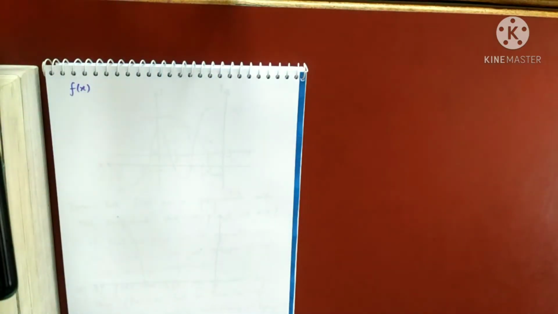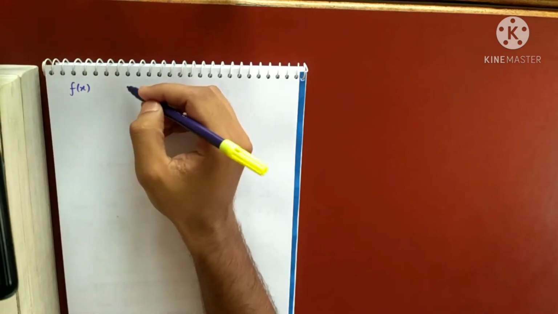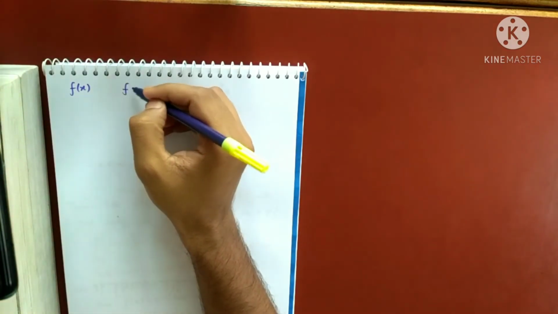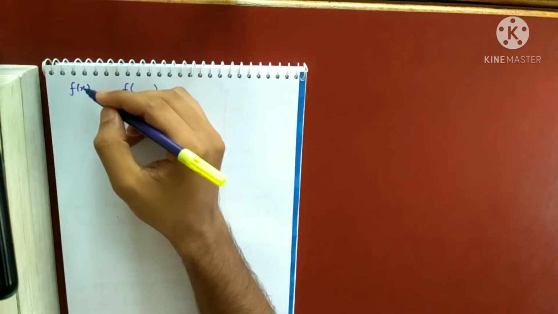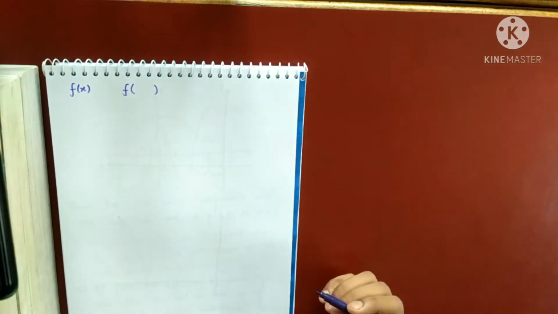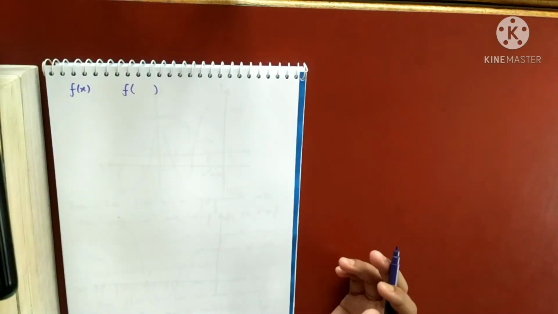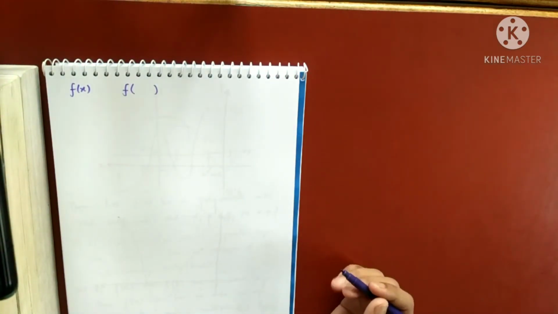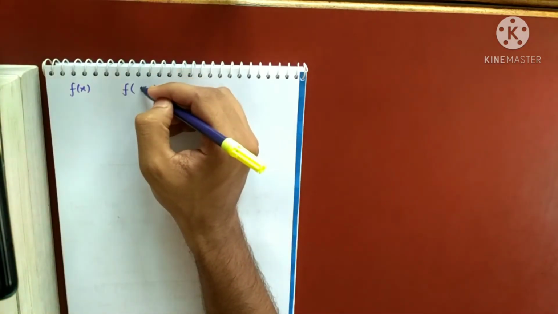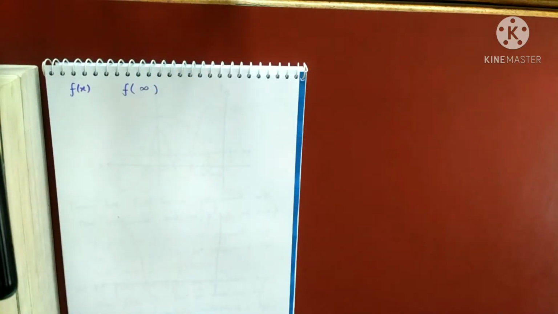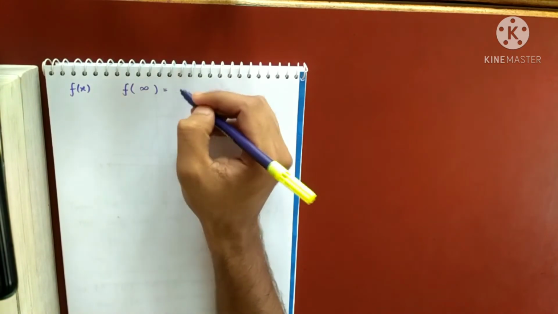I'll be interested in the value of f at some very big value of x. That can be 1000, 10,000, 1 crore, etc. I'll denote that value by f of infinity.